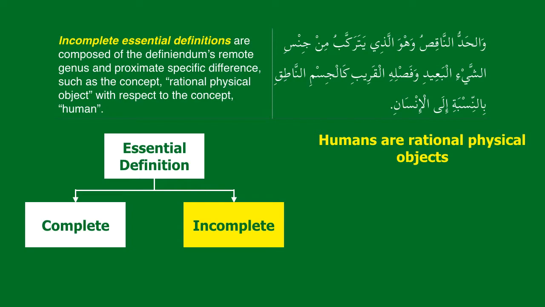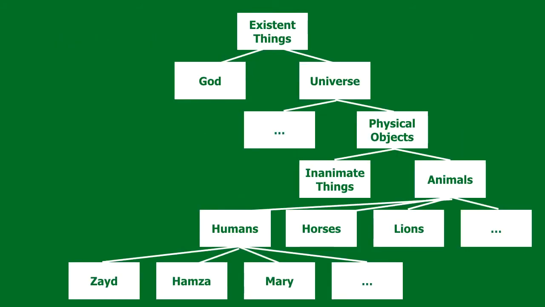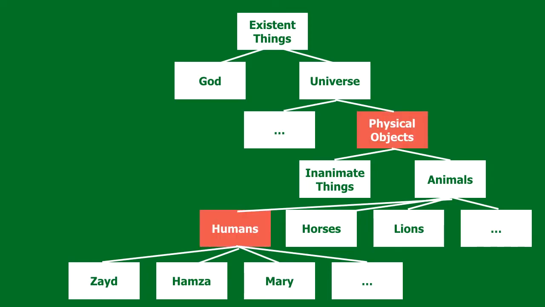So an incomplete essential definition, al-hadd al-naqis in Arabic, he says, is composed of the definiendum's remote genus and the proximate specific difference, such as the concept rational physical object with respect to the concept human. So the definiendum is human, and the concept physical object is its remote genus. It's not the proximate genus. It's a genus because humans are a kind of physical object, but it's a remote genus because it is higher than animals.